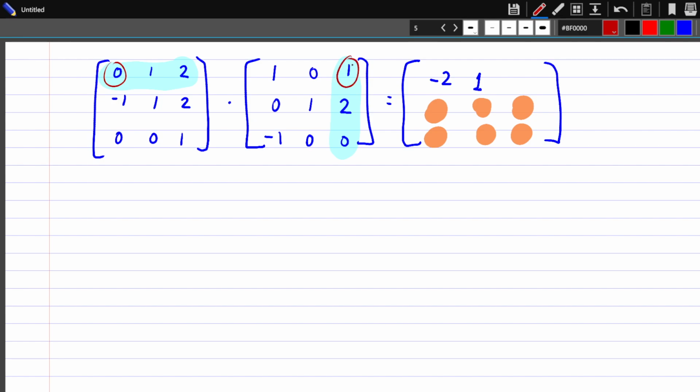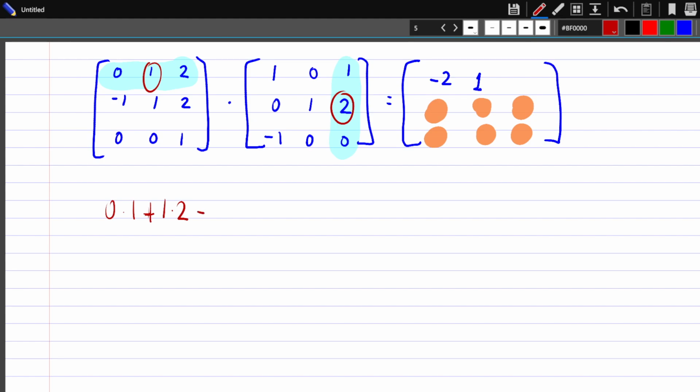0 times 1 plus 1 times 2. The second element times the second element plus the third element times the third element.